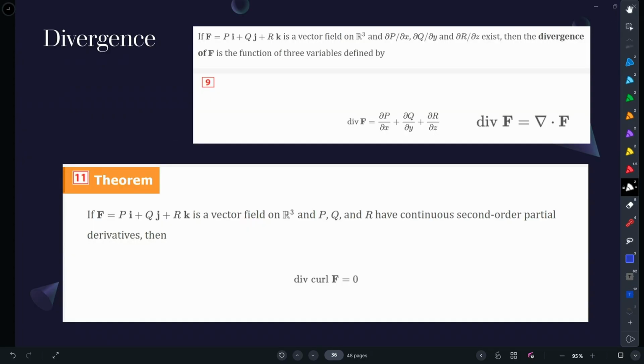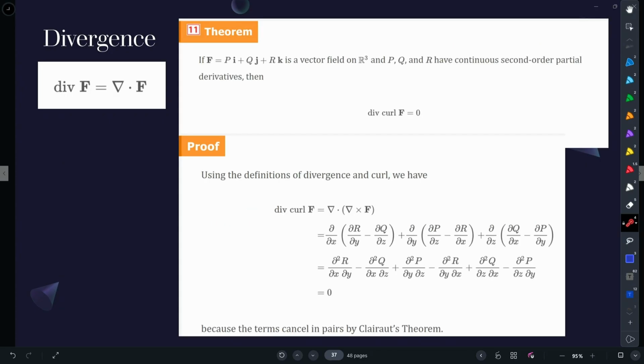Now, a similar theorem like we had before, the curl of a gradient vector field was 0. It turns out that the divergence of a curl is also 0. Okay? The divergence of a curl of a vector field vanishes. And that is, again, a consequence of Clairaut's theorem.